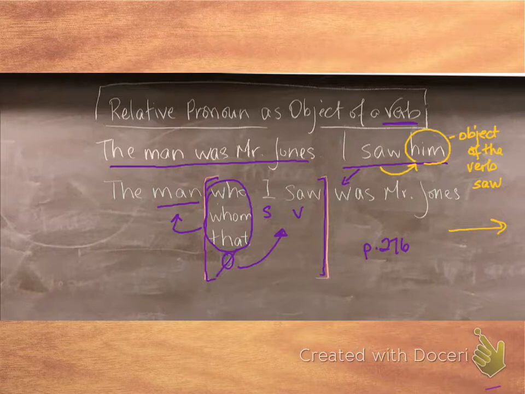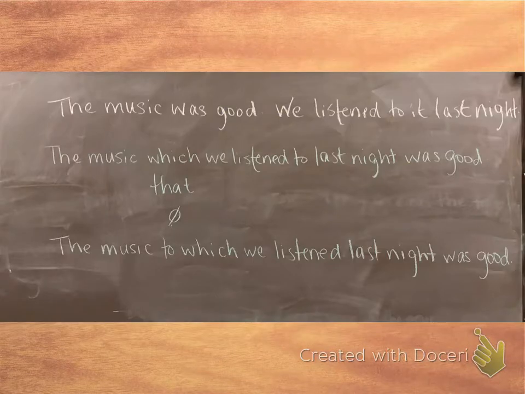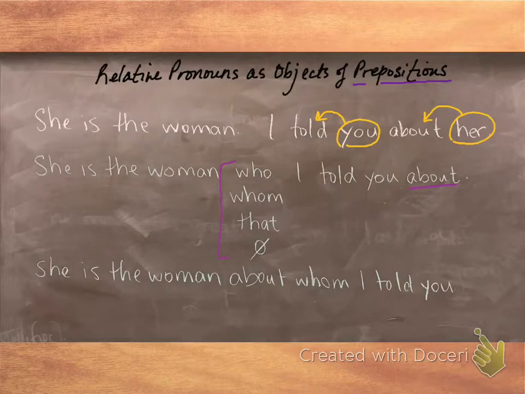Can you see those there? Maybe I'll just erase this so it's not so crazy. There we go. So who, whom, that, or nothing. Those are the choices. Okay? And here's our clause.